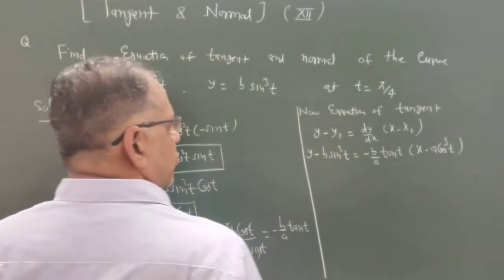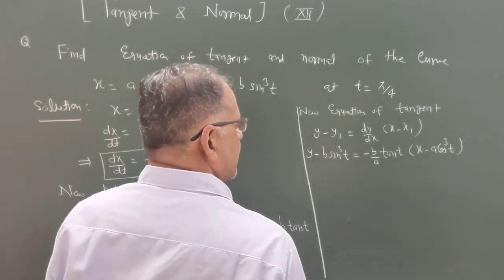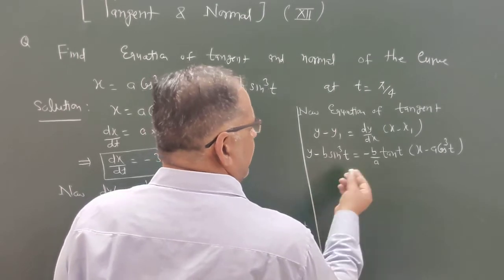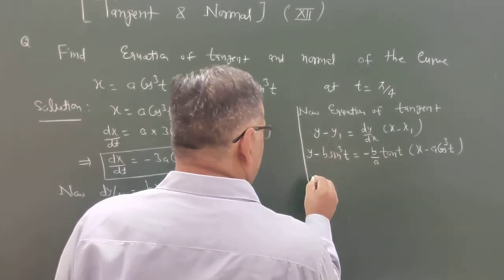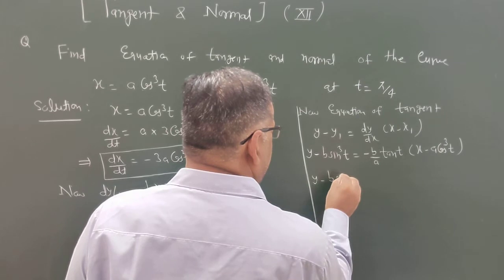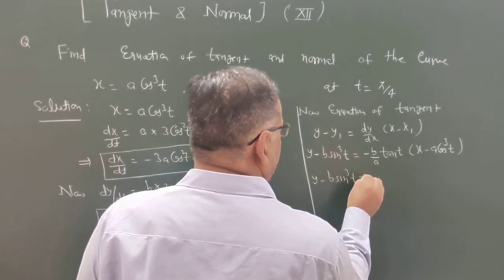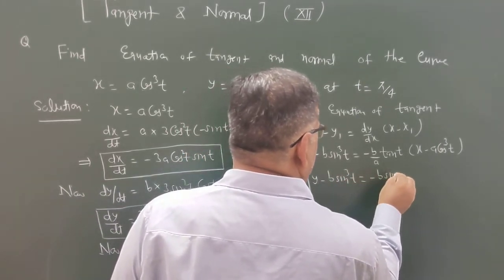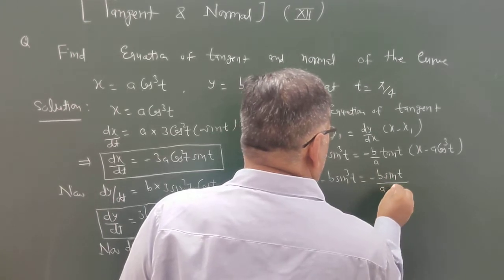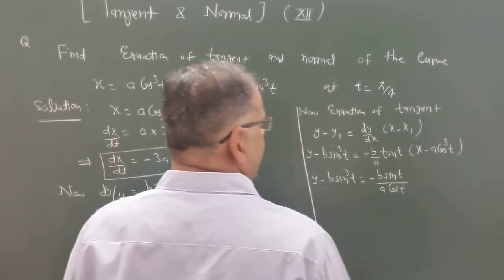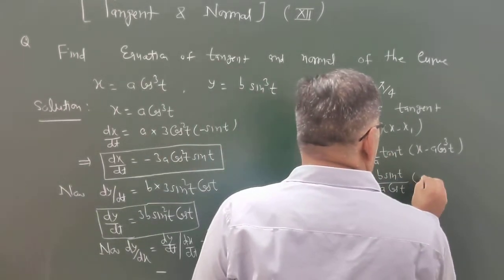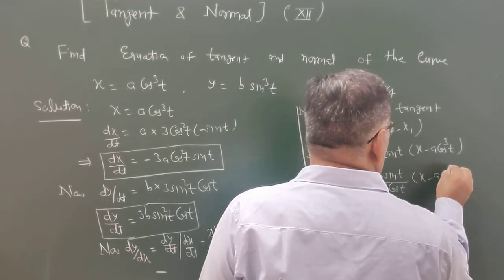Okay, so convert into sin and cos form. So we have y minus b sin cube t equal to minus b sin t upon a cos t. Here we convert tan t into sin upon cos, into (x minus a cos cube t).